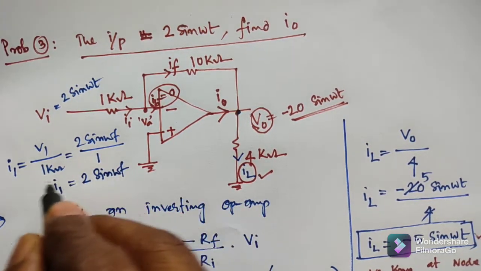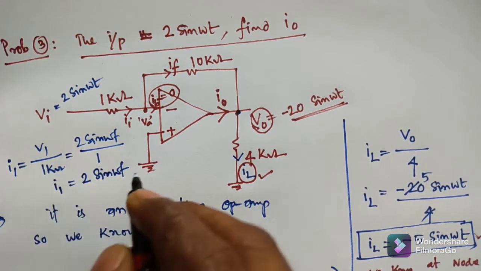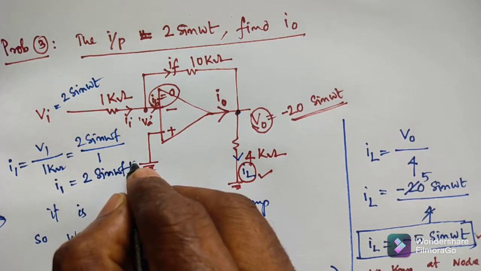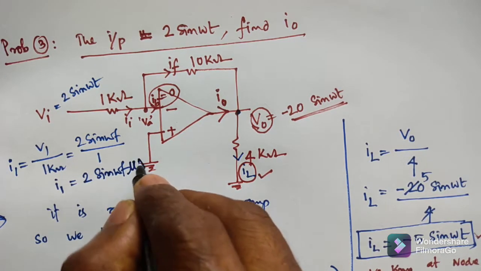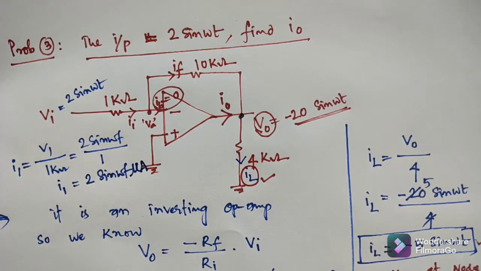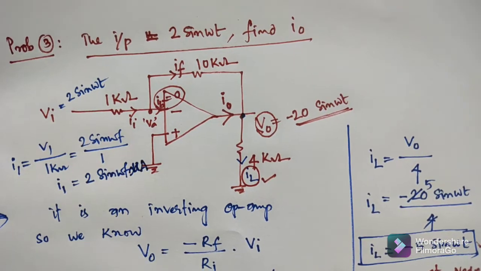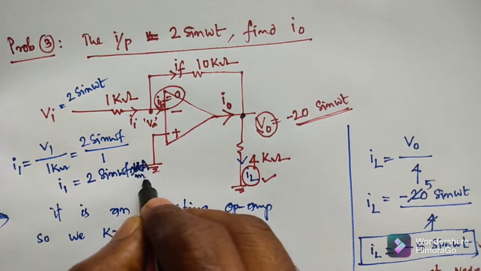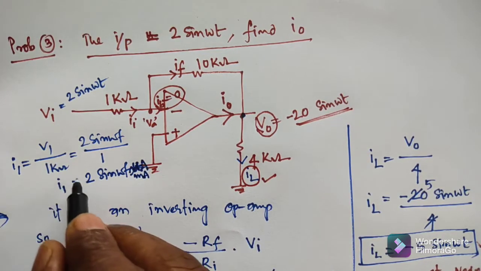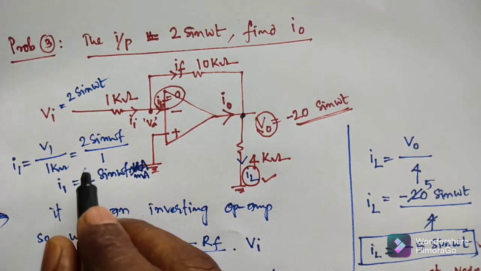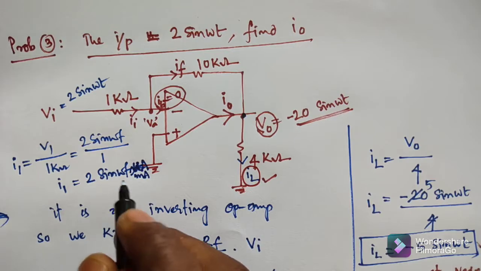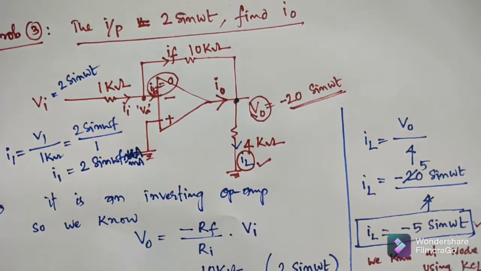This is 1 by kilo, in terms of milliamps, since k is equal to 10 to the power of 3, and 1 by 10 to the power of 3 is 10 to the power of minus 3.